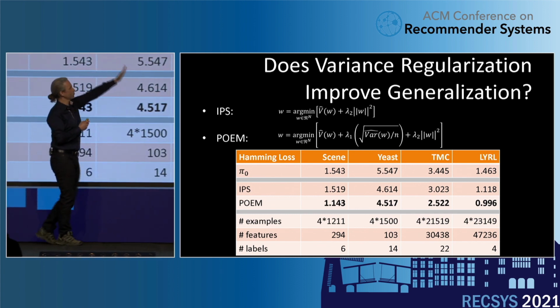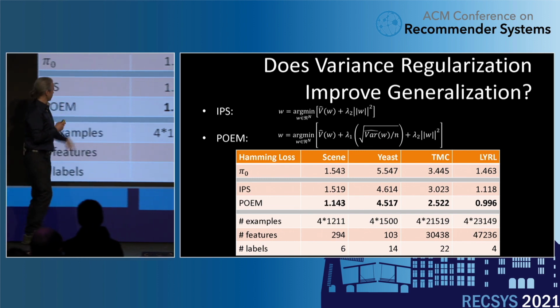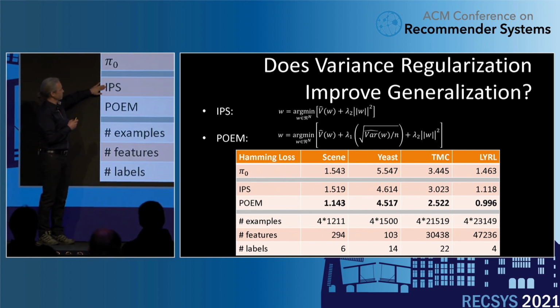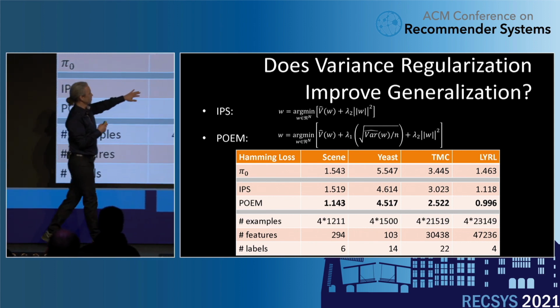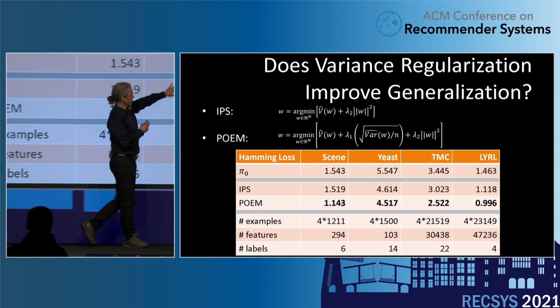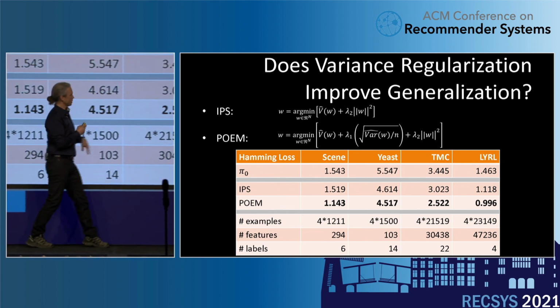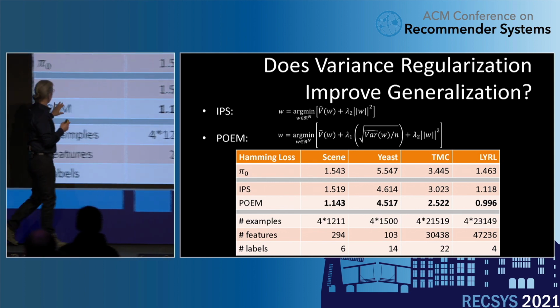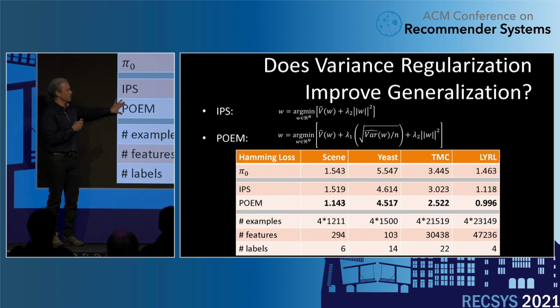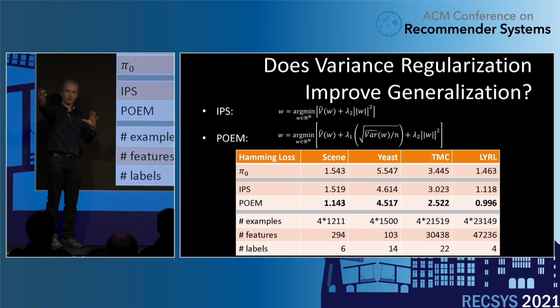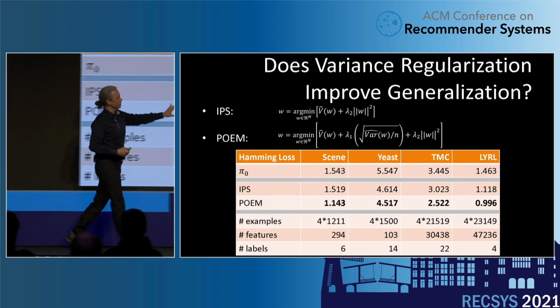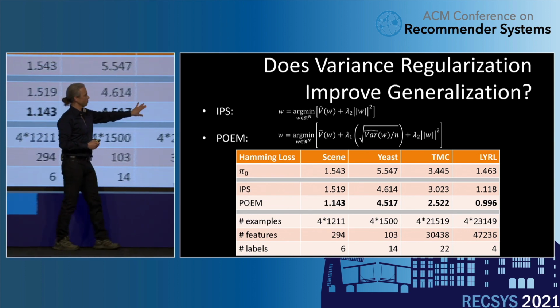And these are 4 different data sets. Lower is better. If you do regular IPS optimization, it actually improves on all tasks sometimes. But if you do the variance regularization in addition and really make sure that you're not going off into spaces of the policy space where you don't have any data, you gain quite a bit of performance, right? Again, lower is better.